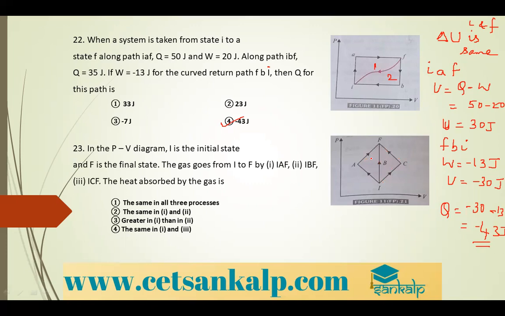Heat absorbed in a thermodynamic process, as you know the formula delta Q is equal to delta U plus delta W. Correct? As delta U depends only on the initial and final state, it is not going to follow any actual path. Therefore, all the 3 paths A, B, C will have the same internal energy.